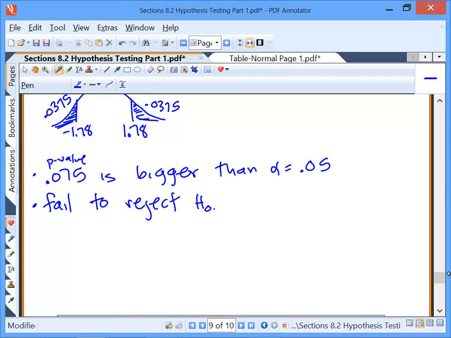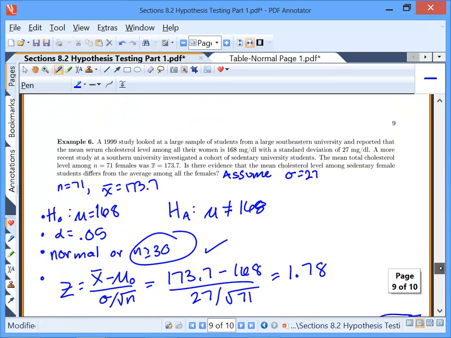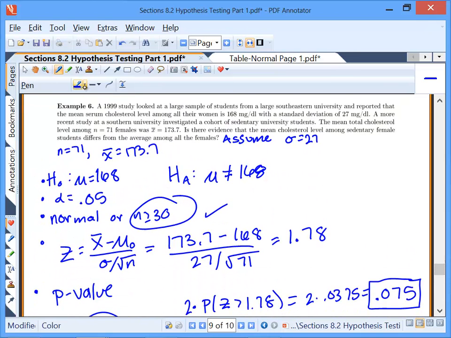So when we fail to reject something, this is how we prefer that you write your conclusion. As you remember, your boss is always interested in truly the alternative hypothesis. So even though we are testing our null hypothesis, what they're really interested in is, was the mean different from the average among all the females?